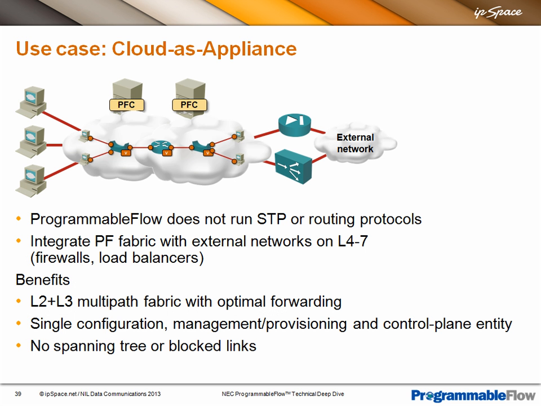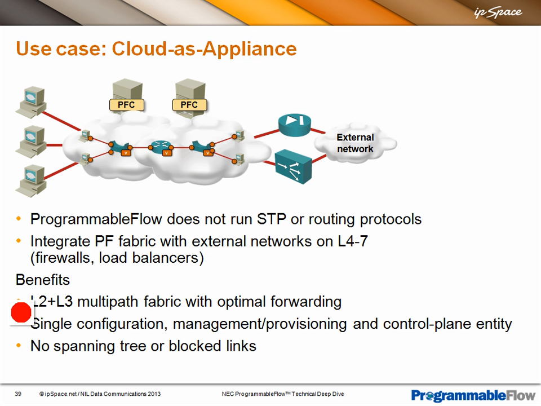As I mentioned before, ProgrammableFlow Controller currently does not run any control plane protocols like spanning tree or routing protocols, which means that it's simplest if you can integrate this OpenFlow fabric with external networks on layer 4 and above through firewalls or load balancers.